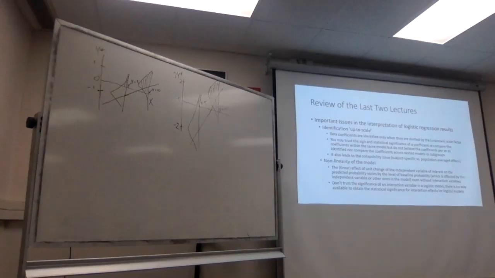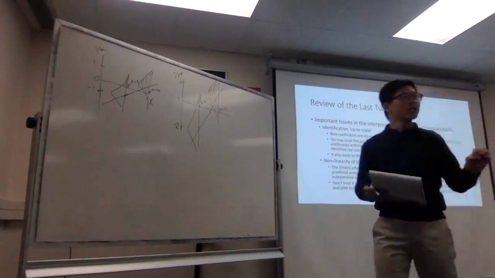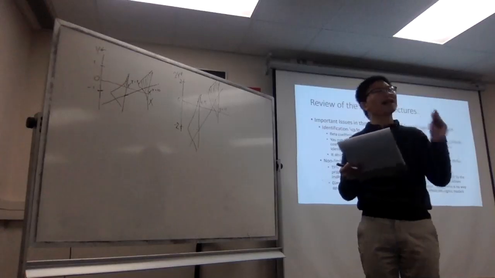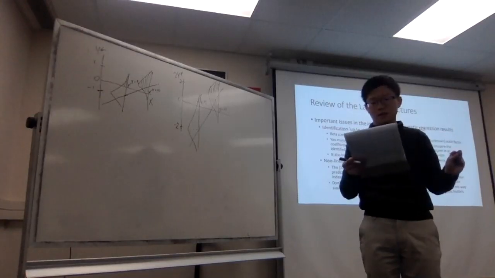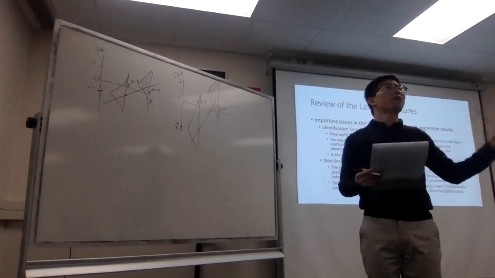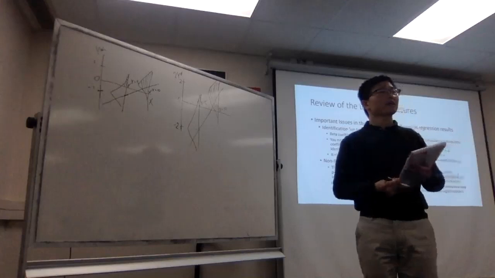So in this case, the effect size of unit increase in x for a person or unit or subject varies by the scale of y asterisk, which is unknown, which is affected by the unknown scale factor, right?